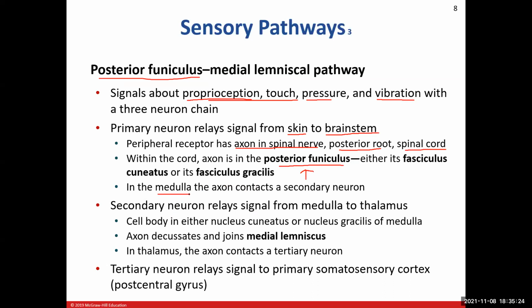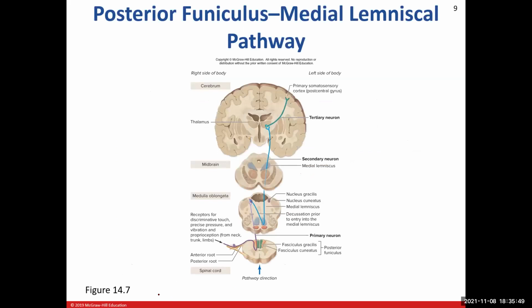And that is where it's going to synapse or contact our secondary neuron. So our secondary neuron, that's our inner neuron. It's going to transmit that sensory input from the primary neuron to the secondary neuron. So it's going to relay that information from the medulla oblongata all the way up to the thalamus. This is what we're going to see here in our secondary neuron.